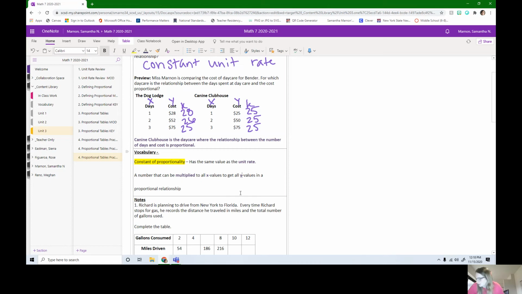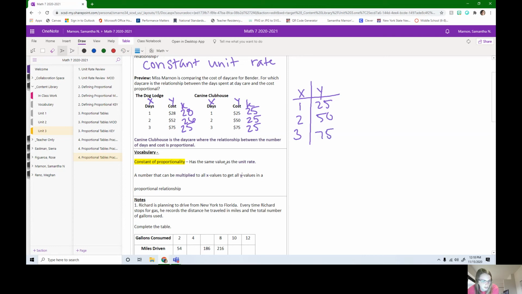So what we're saying is, if I look at this one again from the Canine Clubhouse, let me get my pen out. We had X and we had Y. So we had 1, 2, 3, and 25, 50, 75. This constant of proportionality, which we also use K to represent, is the same as unit rate.